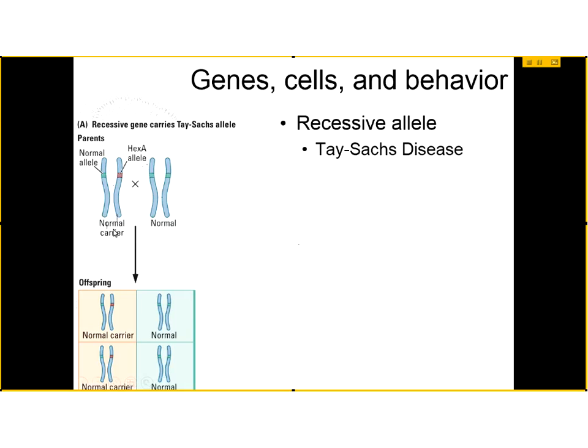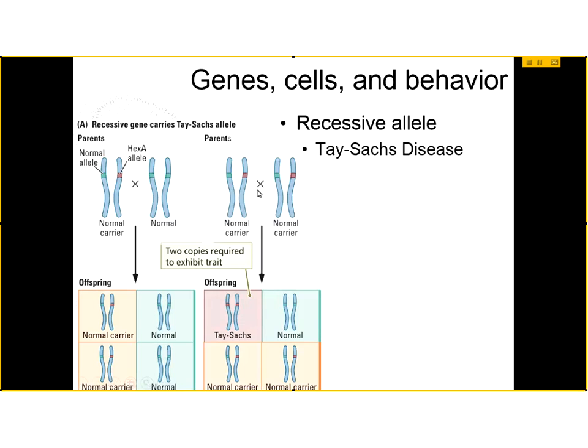In this condition, where it's a normal carrier and just a normal person, we'll see that no child will have Tay-Sachs disease in this. We'll have a 50-50 chance of being a normal carrier or a normal individual that doesn't carry that gene.